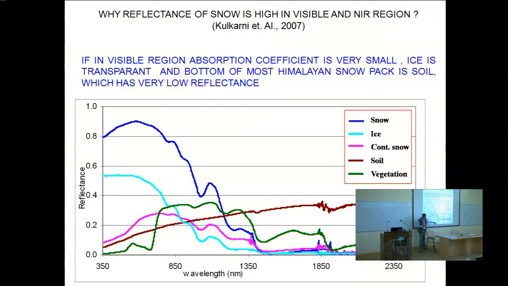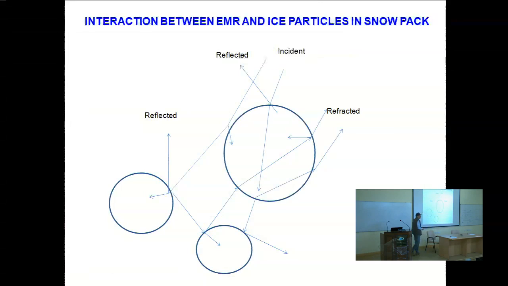And why is that? That is an important question. If you can understand that question, you will be in a position to apply remote sensing, particularly satellite remote sensing, for snow study. Let us look into what really happens.